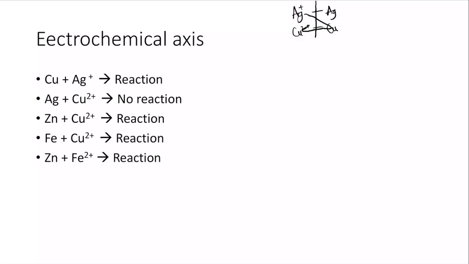So Ag+ and Cu give Cu2+ and Ag, that is, 2Ag+ plus Cu gives Cu2+ plus 2Ag. This is how the gamma rule works. But you know the cause of how the gamma rule is being invoked in the first place: the stronger oxidizing agent forming a reaction with the stronger reducing agent.